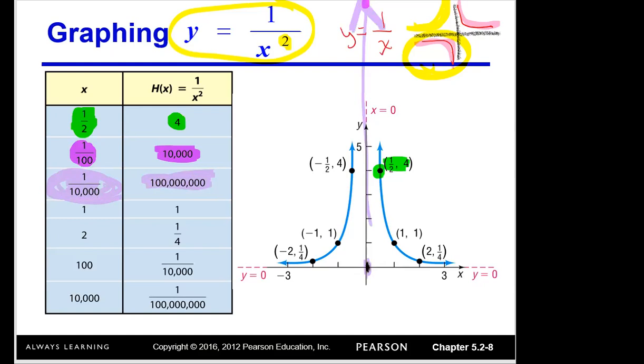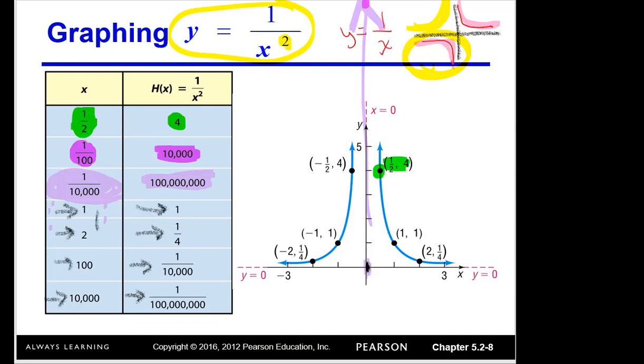And as you keep getting smaller and smaller, which they didn't, they stopped at 1 over 10,000. And then they said, hey, let's go in the other direction. Let's go with 1 and then 2 and then 100. And if you look at what's happening there, 1 gives you 1. 2 gives you a 1/4. 100 gives you 1 over 10,000. 10,000 gives you 1 over 100 million.